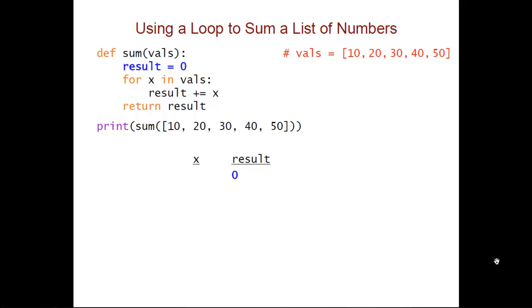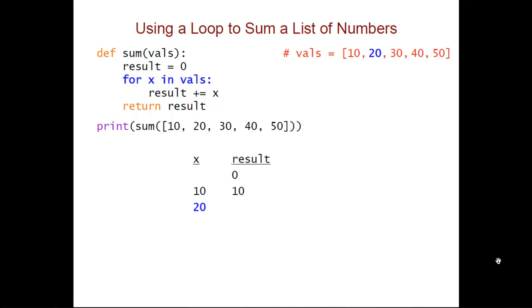So initially it's 0, but then we have our loop, and you can see we have a loop variable x, and it's going to take on one value at a time from the list vals. So for this particular list, x starts out with the first number, which is 10. We then come down here and we use our plus assign operator to add the 10 to the current value of result, and that gives us the new result. 10 plus 0 gives you 10.